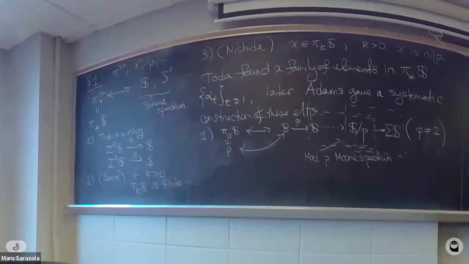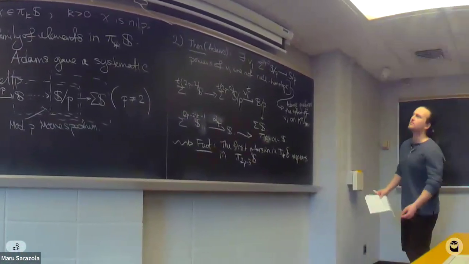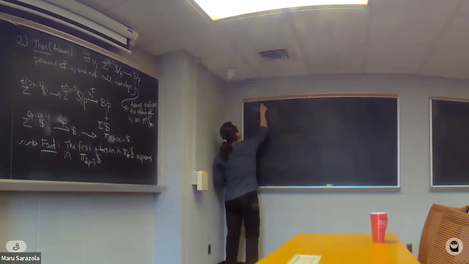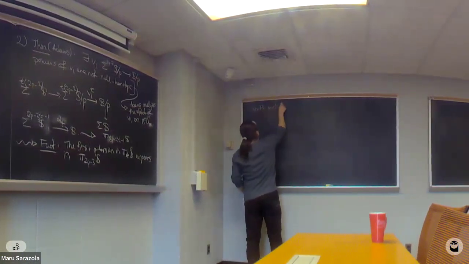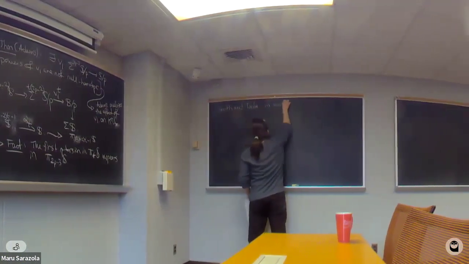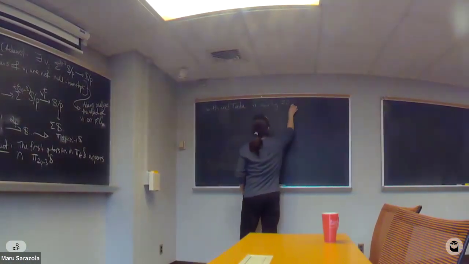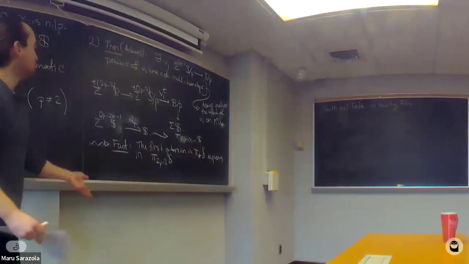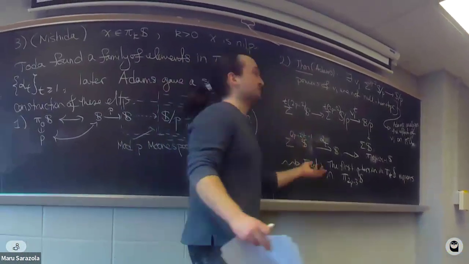So maybe I'll say here, okay, I numbered things, I'm going to stop numbering things. So Smith and Toda, independently, in, I think, the early 70s, did basically this story, but now you do a mod v1 also.